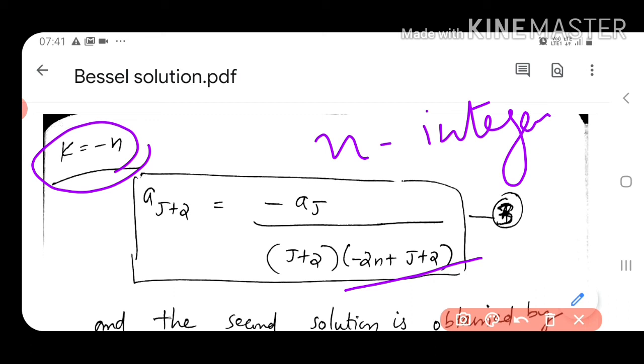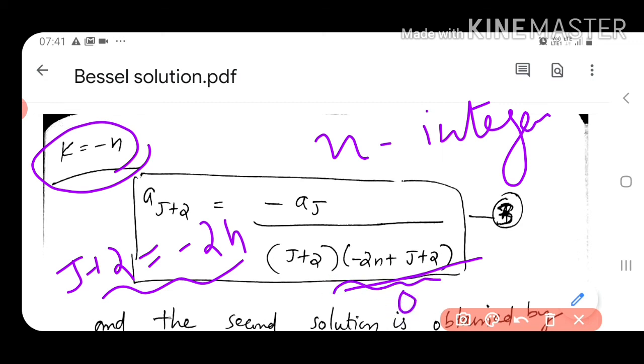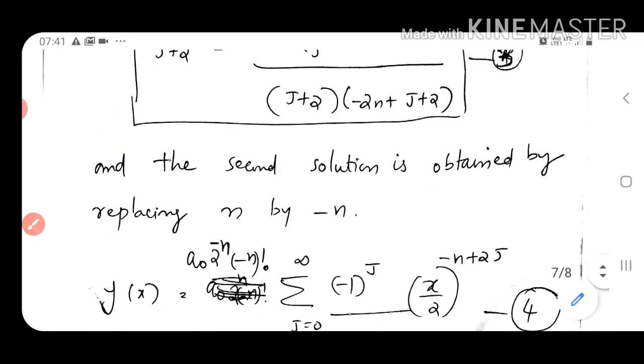For some value of j, the j plus 2 becomes equal to minus 2n, and we know what happens when j plus 2 becomes equal to minus 2n. This term will become 0, so this will blow up. That will be infinity or undefined. So the coefficient becomes undefined and the series will not exist.